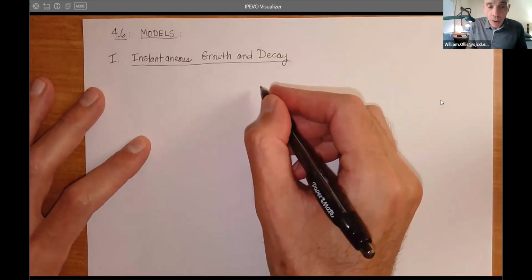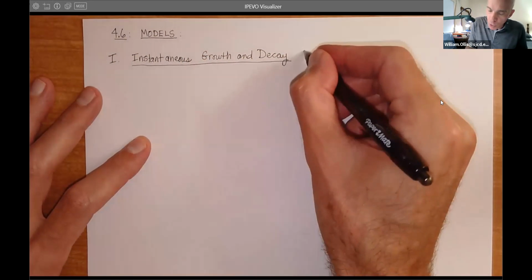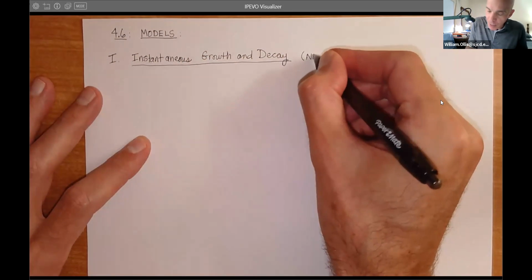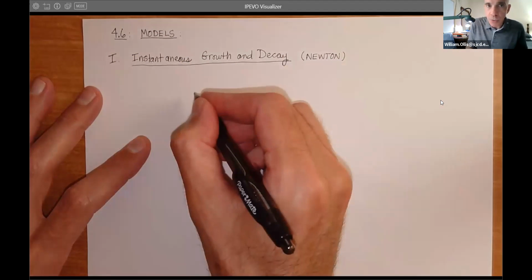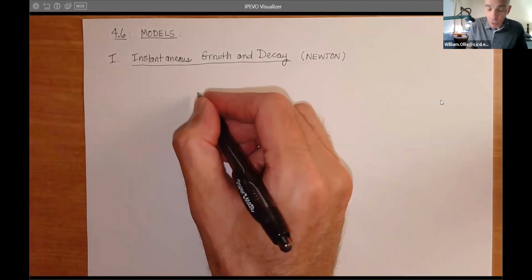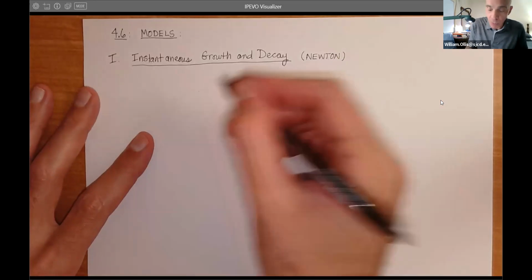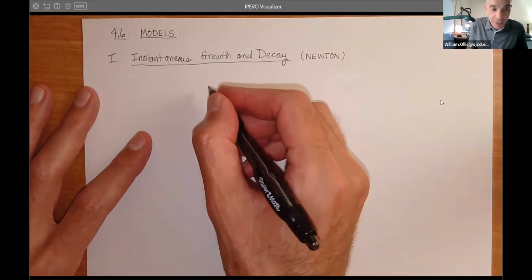So now what we're going to do, and of course Newton devised this, and he also devised the cooling laws. So Newton was our hero with these laws, as he was with many things about math and physics.